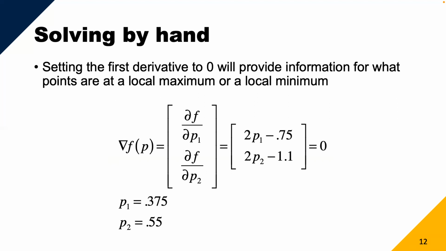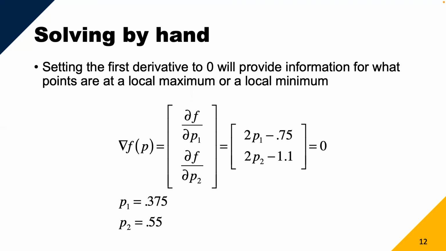Okay, so in this case, I have 2p1 minus 0.75 equals 0 and 2p2 minus 1.1 equals 0. I can just solve for my p1 and p2. 0.375 and 0.55 are my values for p1 and p2.